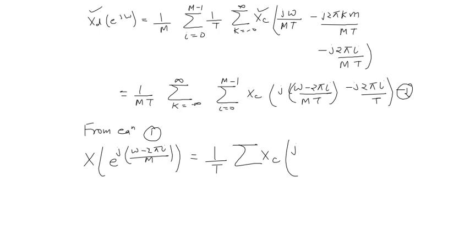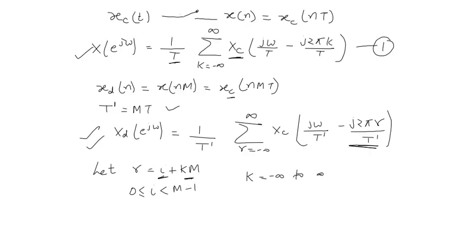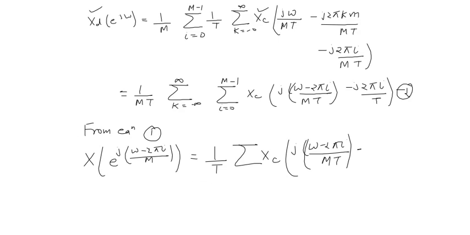It will be omega minus 2 pi I upon m T. Okay, so this part has completed. Now left is this part, so let me write that part also. So that is j of 2 pi k upon T.